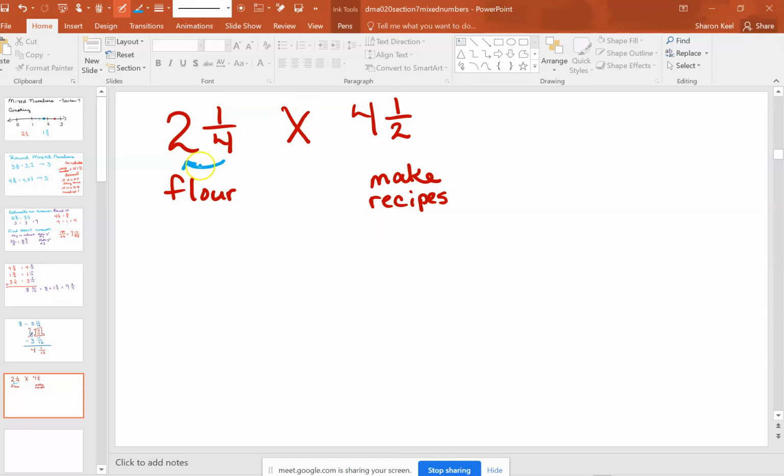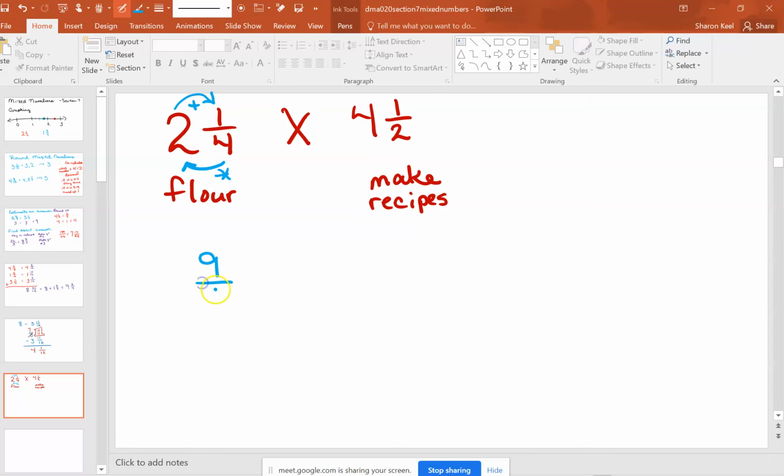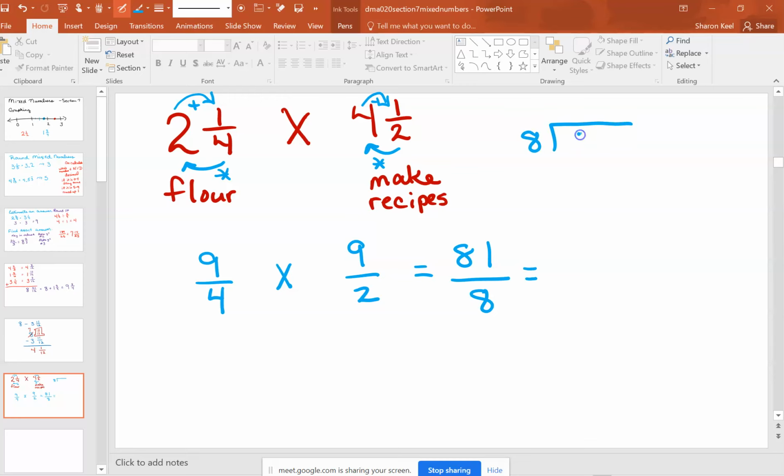Okay, so I'm going to do 4 times 2 is 8, and then 8 plus 1 is going to give me 9 fourths. 2 times 4 is 8, 8 plus 1 gives me 9. 9 times 9 is 81, and 4 times 2 is 8. When I want to make this into a mixed number, I'm going to show you, and we're going to do 8 into 81.